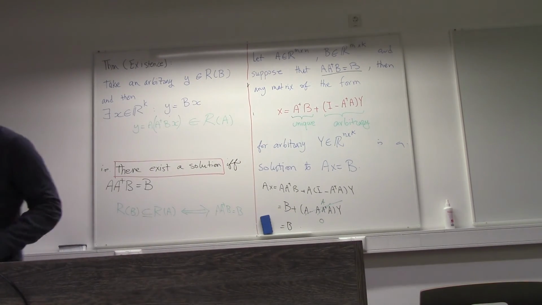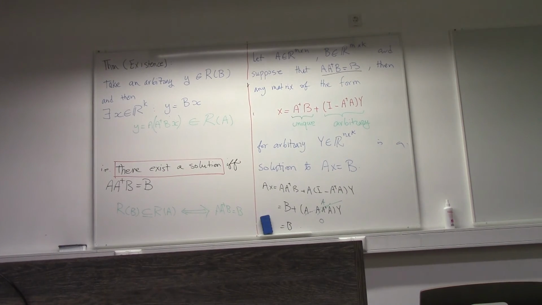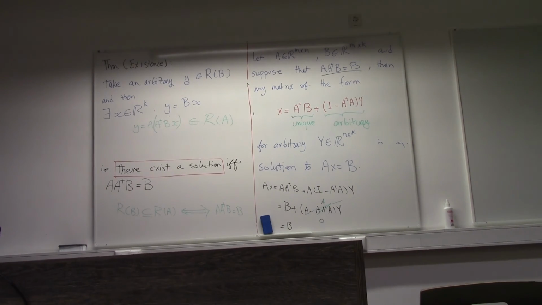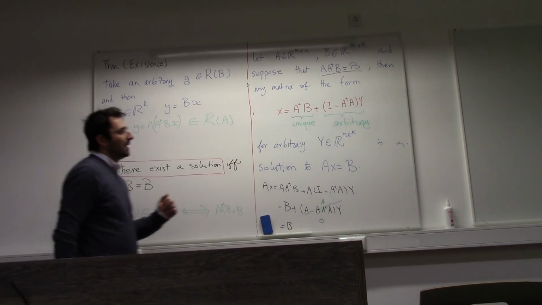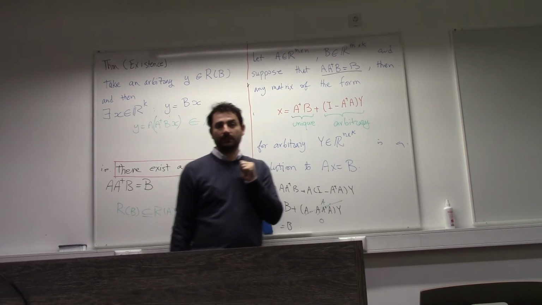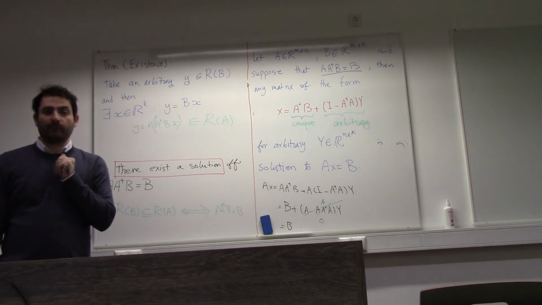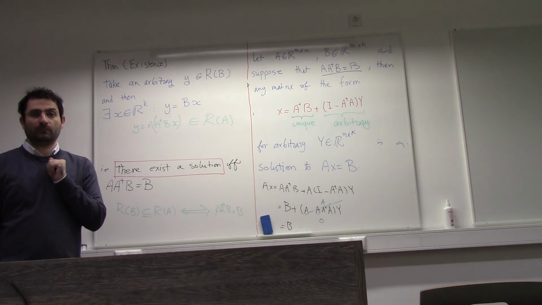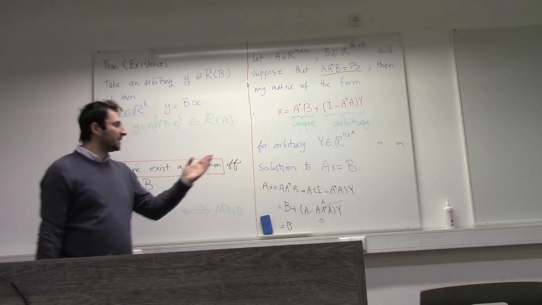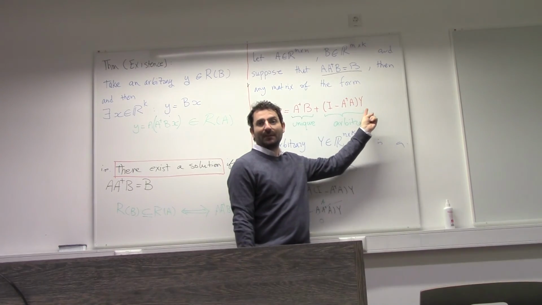Why is it an arbitrary part? Because Y is any arbitrary matrix.